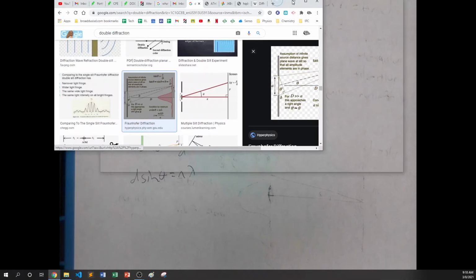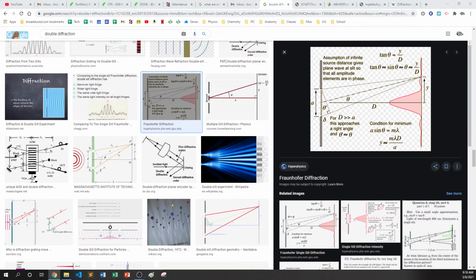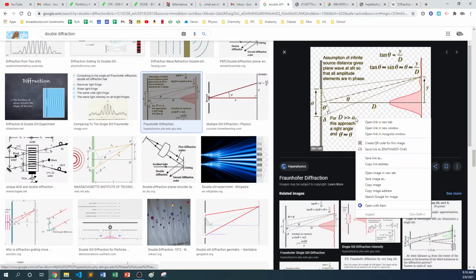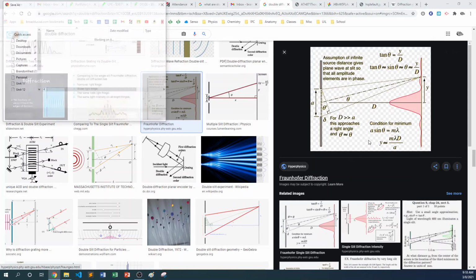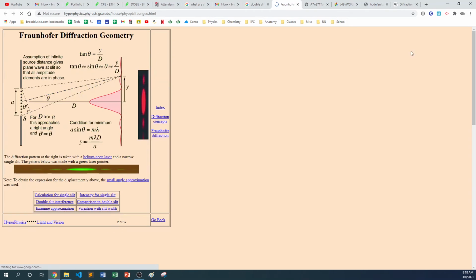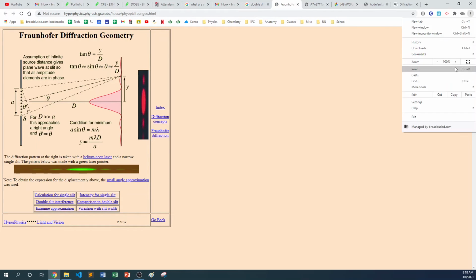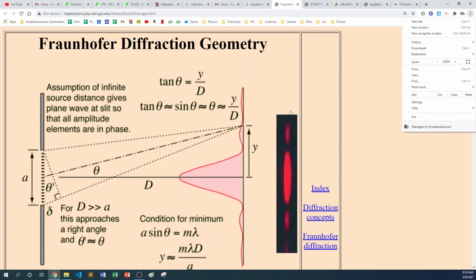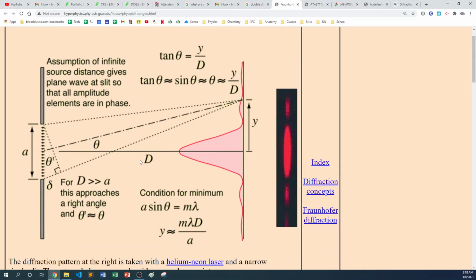So this is for single slit. It's for minimums.